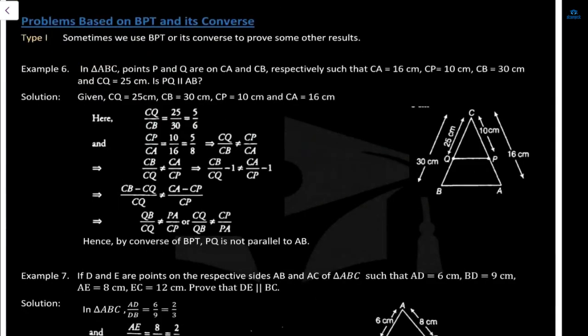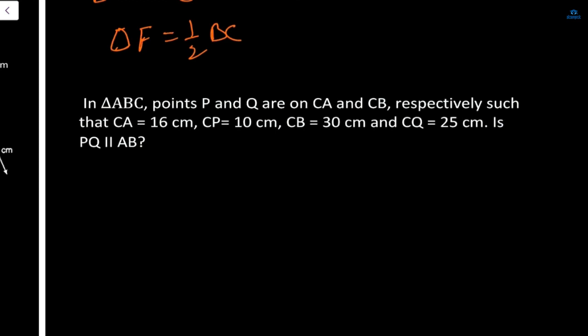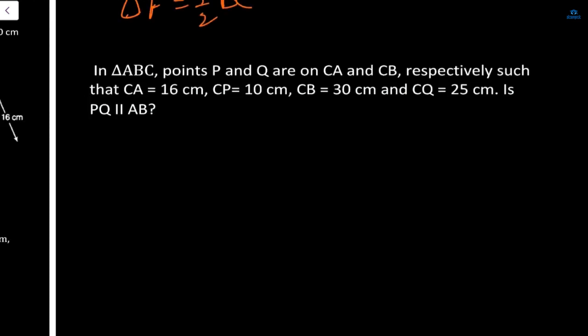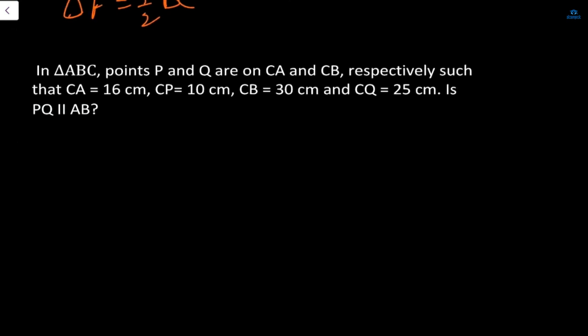Now let's see. In triangle ABC, points P and Q are on CA and CB respectively. CA पे point P है and CB पे point Q है.